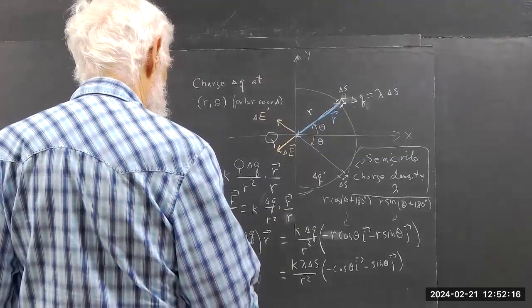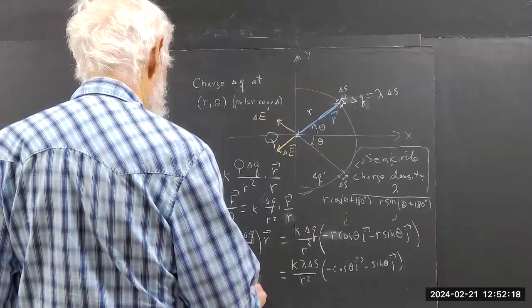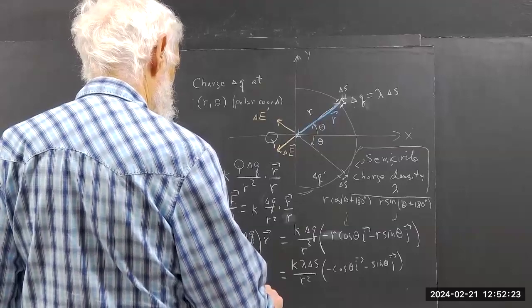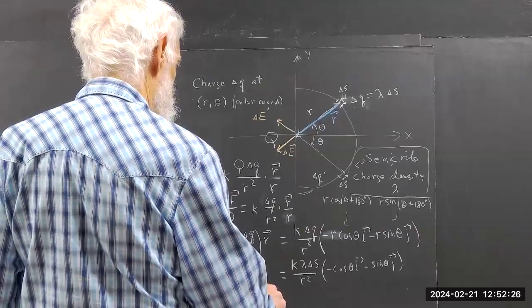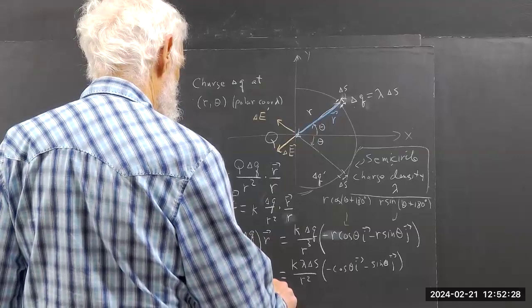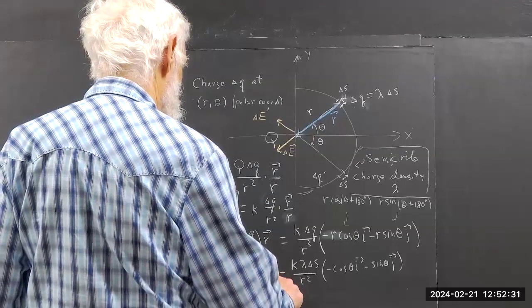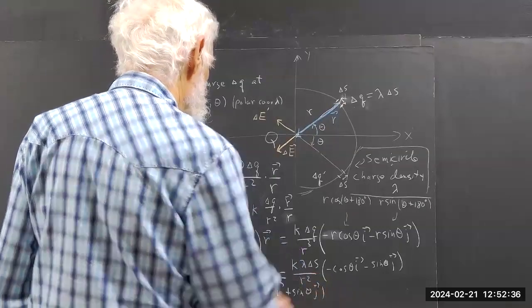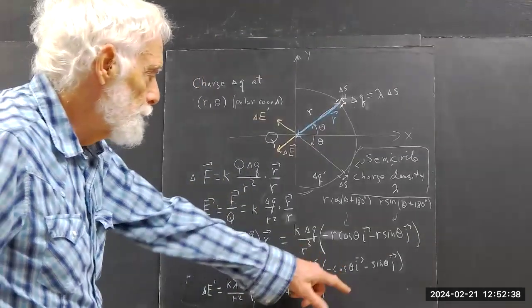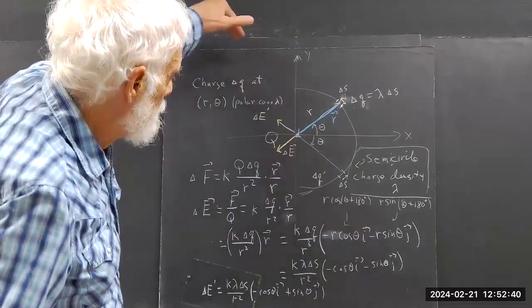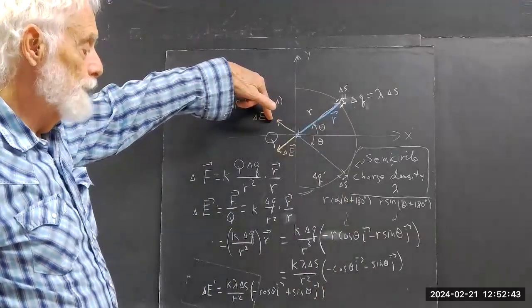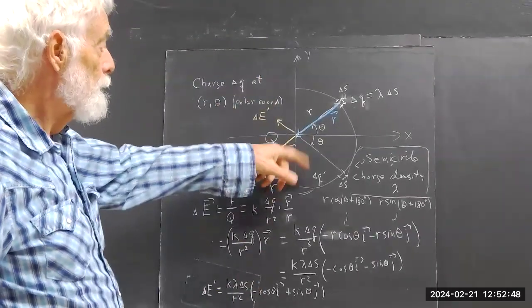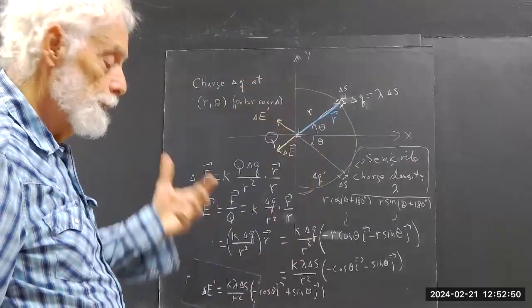Okay, it's going to be same as this, except the sine of theta will be plus sine theta times j. Okay. Now you can write out all the details. You can write out what this vector is in terms of this vector, and you should be able to do that.